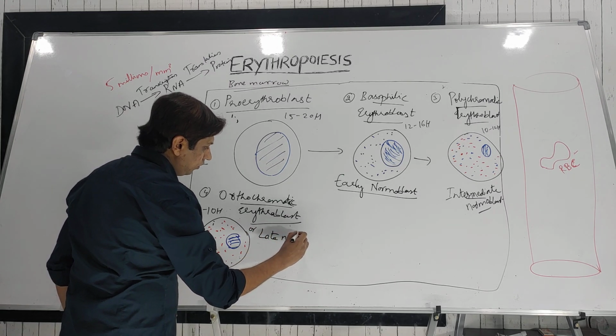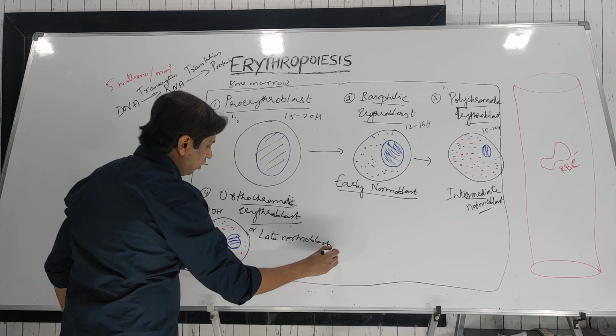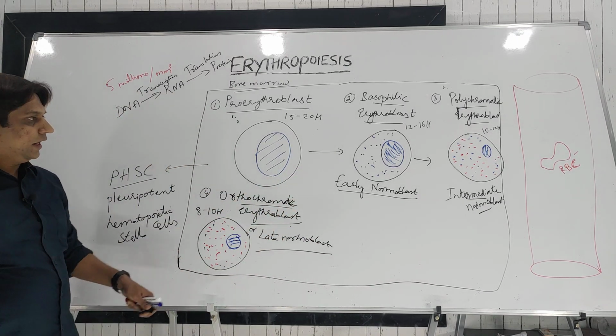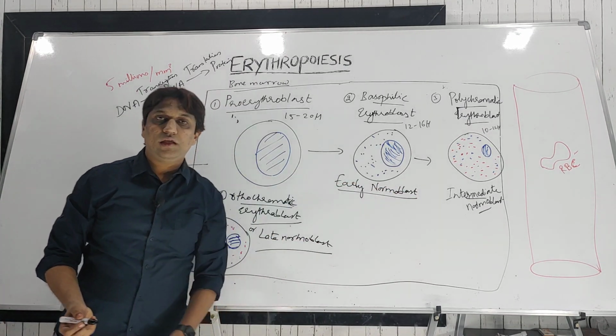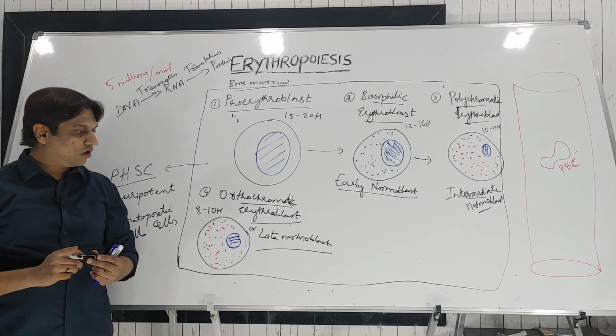So these cells are also known as normoblasts. So early, intermediate and late, and hemoglobin first starts appearing in the stage of intermediate normoblast.